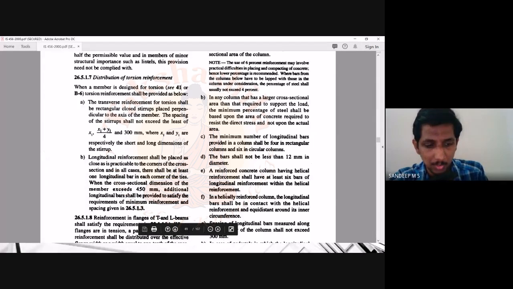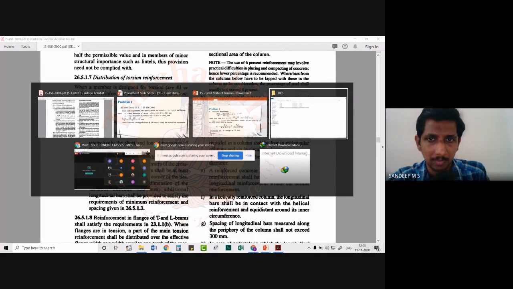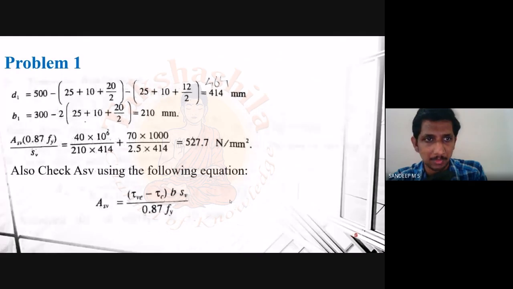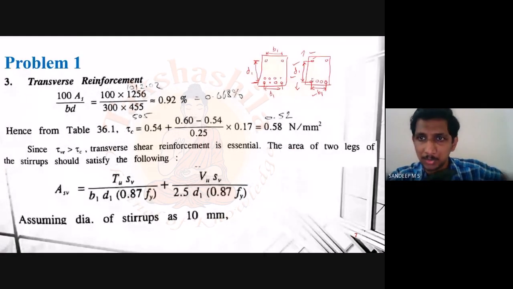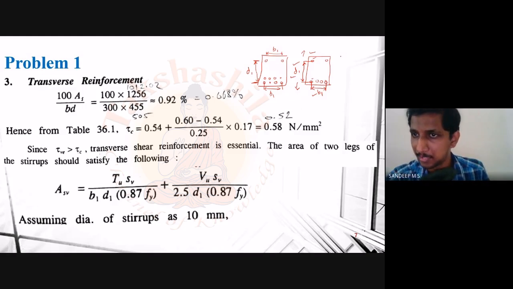So if you go back to your slide where we have discussed this, we have just now discussed about B1 and D1. X1 and Y1 is something similar to this. Basically, how they are defining it is like this. Again we have the same section.